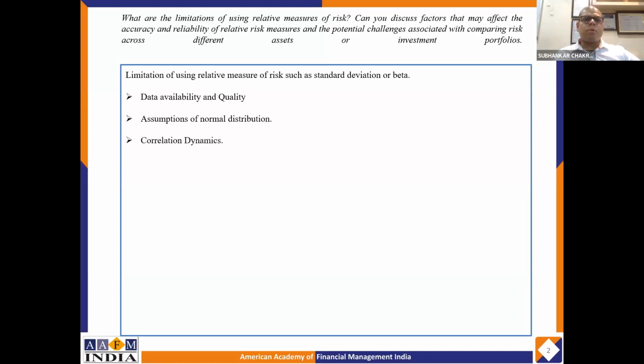Right. The third one is correlation dynamics. Now, all these asset classes and their pricing are moving on a continuous basis, and every time it moves, it's like multiple gears moving simultaneously. Every asset class has a relation with one another, and every asset class is moving.